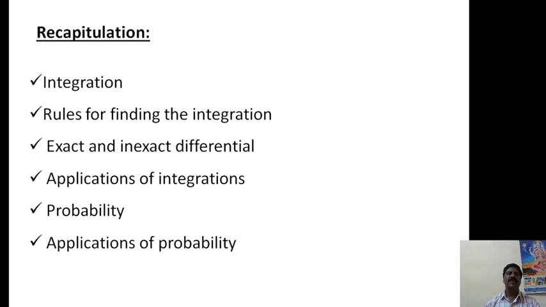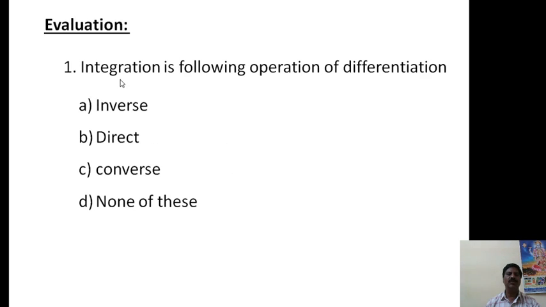Please answer them. First question: integration is the following operation of differentiation. Option A is inverse, B is direct, C is converse, and D is none of these.